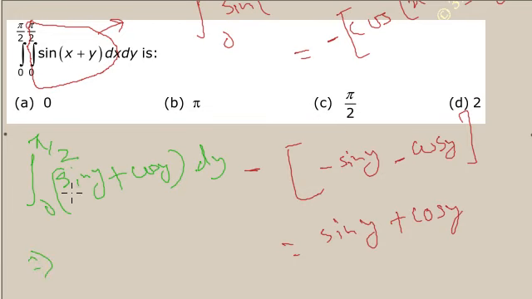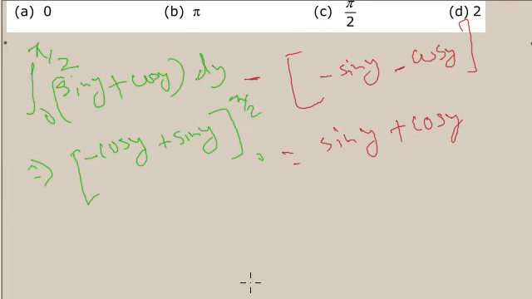If you solve this, integration of sine y is minus cos y, and integration of cos y is sine y, so plus sine y, and you are required to put pi by 2 and 0 in this.